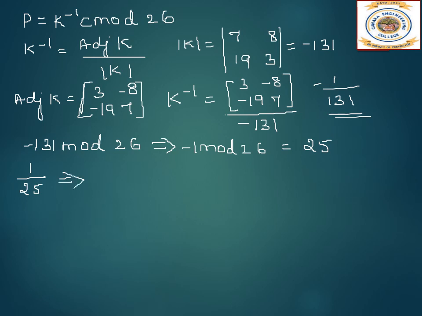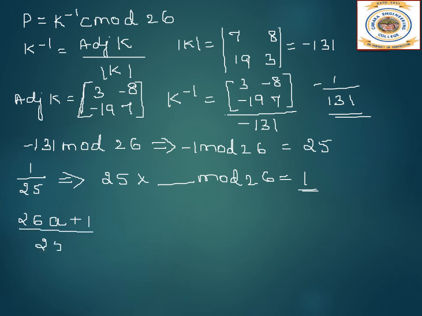How do I take the inverse of 25? I have to find a number such that 25 into that number mod 26 gives the answer 1. Multiplicative inverse means the product should yield 1. A simpler way I'll teach you is to take 26a plus 1 divided by 25, and substitute values for a.